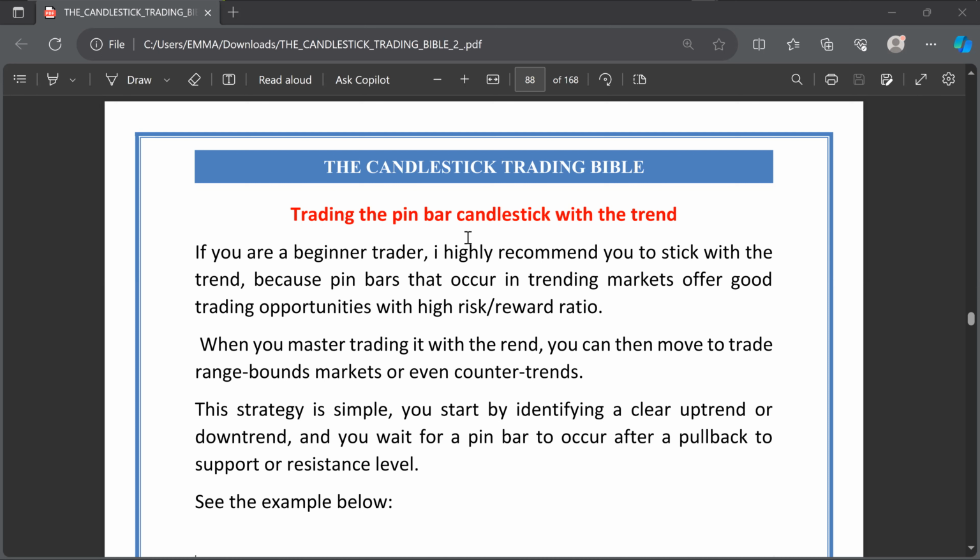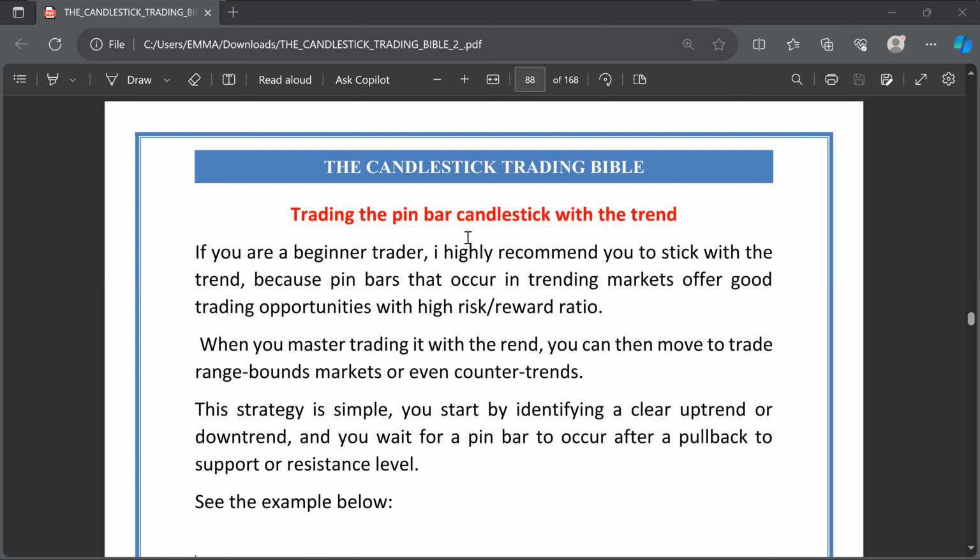So let's continue. Now, if you are a beginner trader, I highly recommend you stick with the trend, because pin bars that occur in trending markets offer good trading opportunities with a high risk to reward ratio.